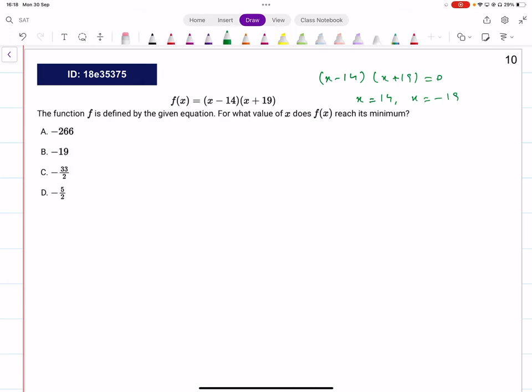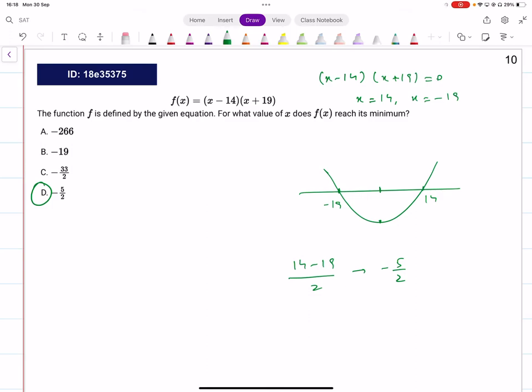If you know that this is minus 19, this is 14, it's a U-shaped graph. Turning point is going to be exactly in the middle. You just find the midpoint of those two numbers, 14 minus 19 divided by 2. And that's going to give you the x-coordinate of this point, which is minus 5 over 2. And that is going to be D.